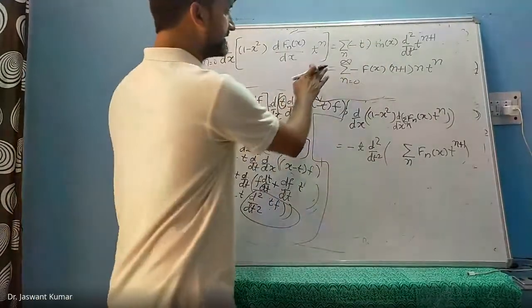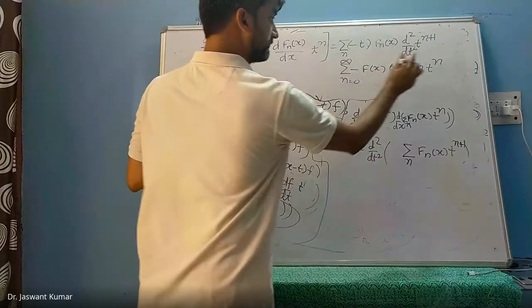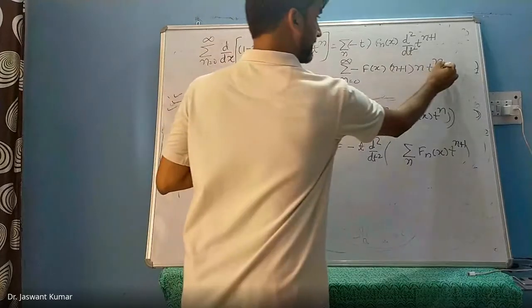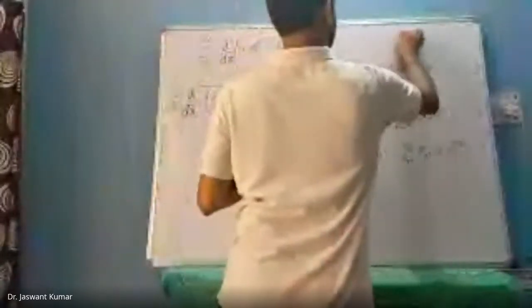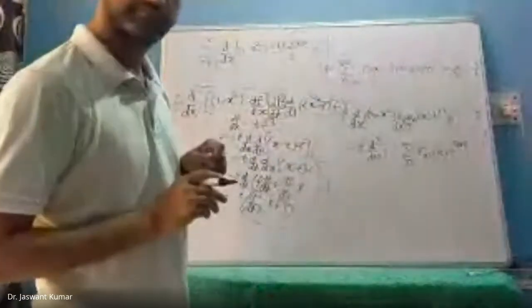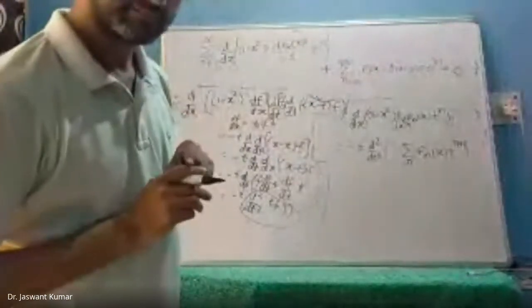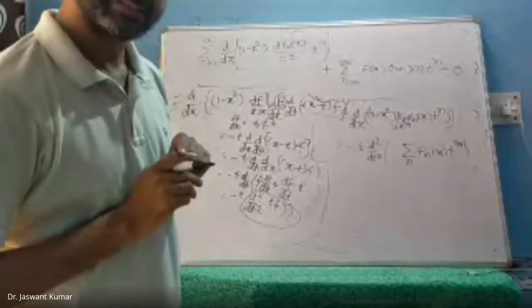And when you bring it to the left hand side, this equal sign will become equal to 0. This minus sign which was on the right hand side will become a plus sign. Did you understand? Is it okay with everyone?